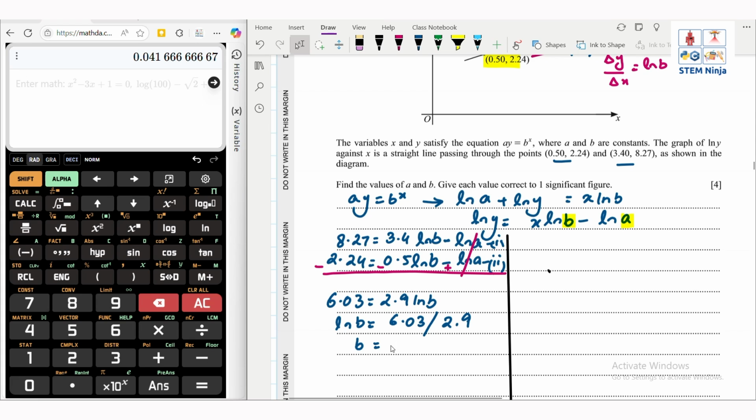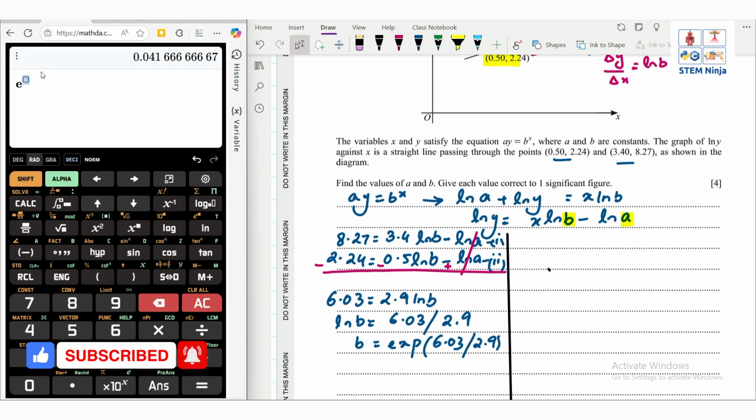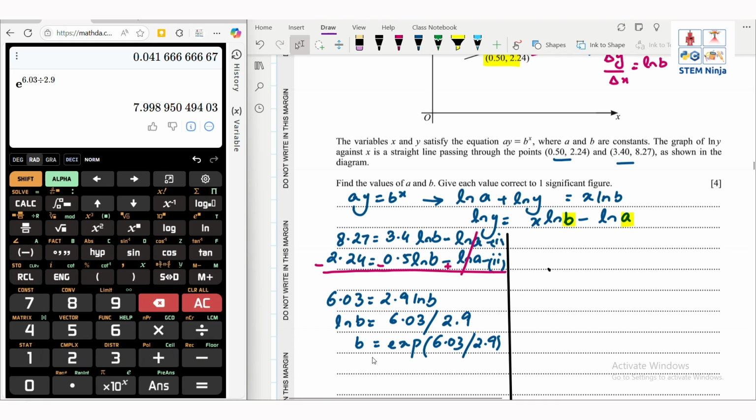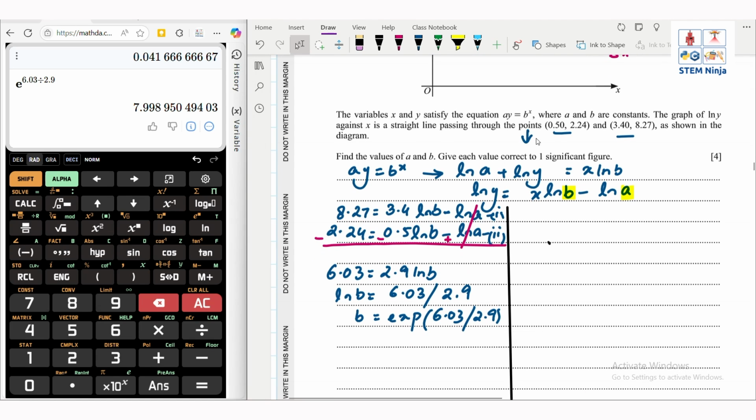So b would be exp of 6.03 over 2.9. We will keep it as it is for now. This actually becomes, to one significant figure, approximately 8.